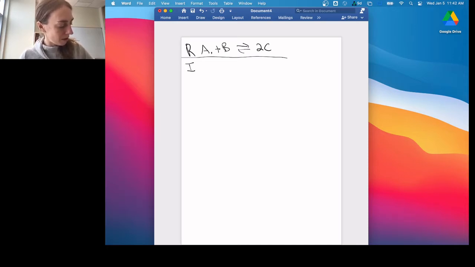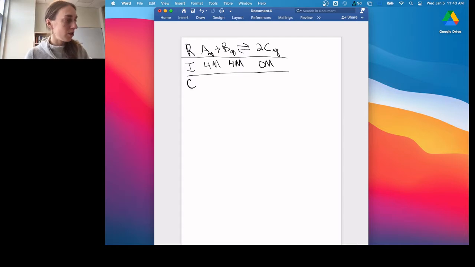And we should note these are aqueous, by the way. Okay, so our initial concentrations are 4 moles of A and B, and the way the question was worded, it implies that there is initially 0 moles of C. We don't have any C when we start out on this journey.